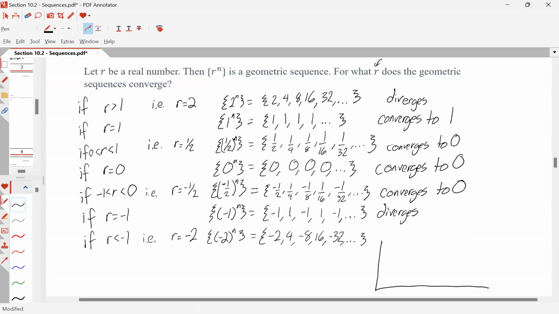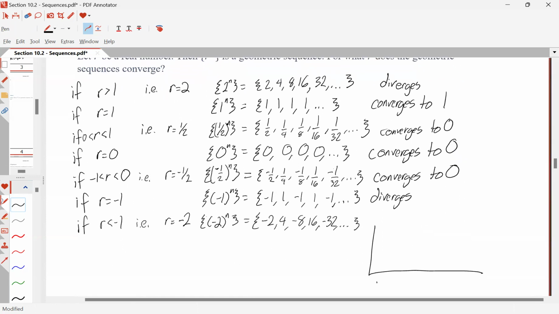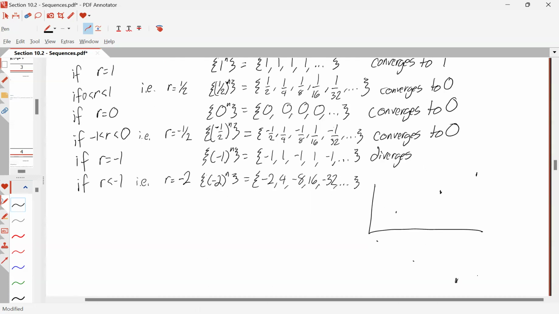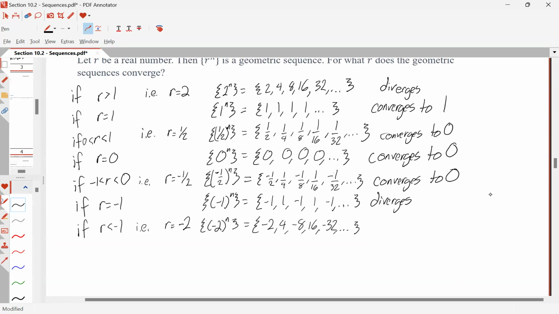What's happening picture-wise is we are increasing the distance from the x-axis every time. We're getting farther and farther away. We're not getting close to a single value. So just like r greater than 1 diverges, r less than -1 diverges.